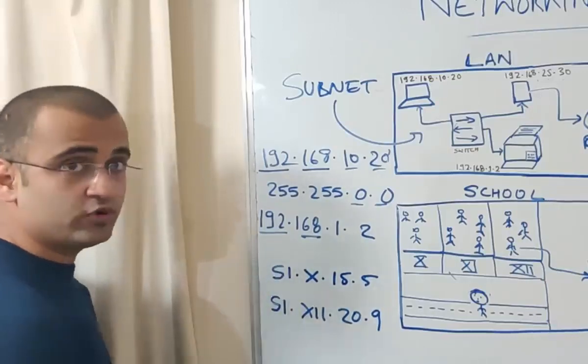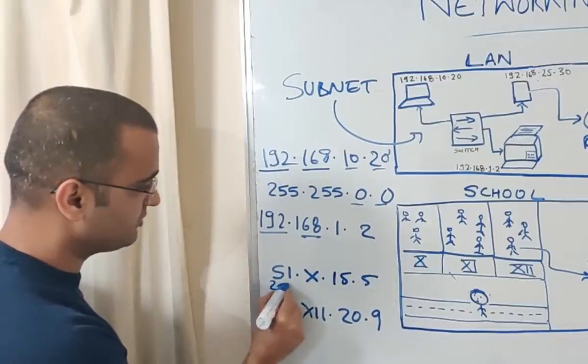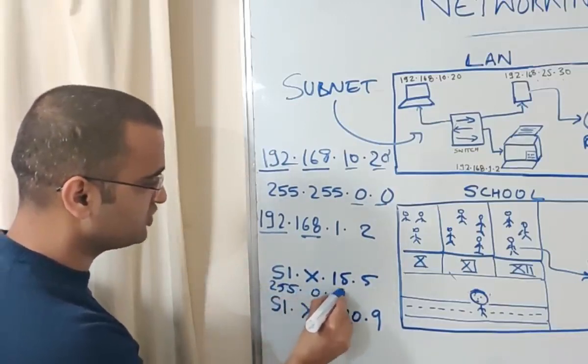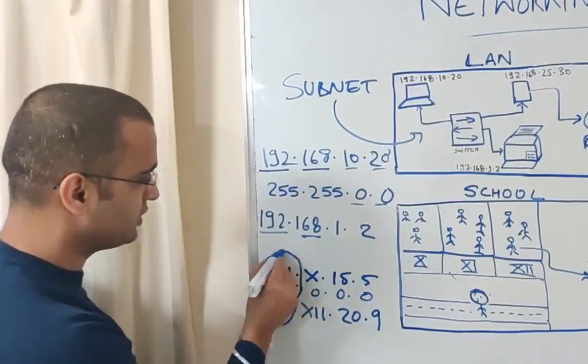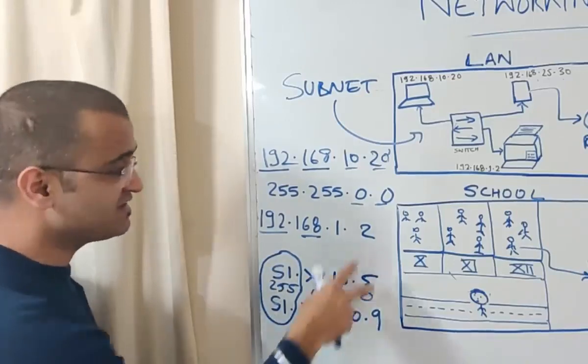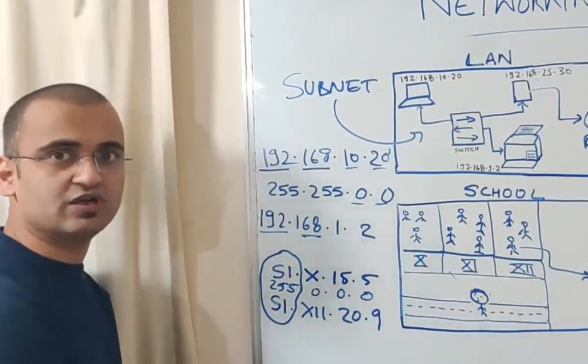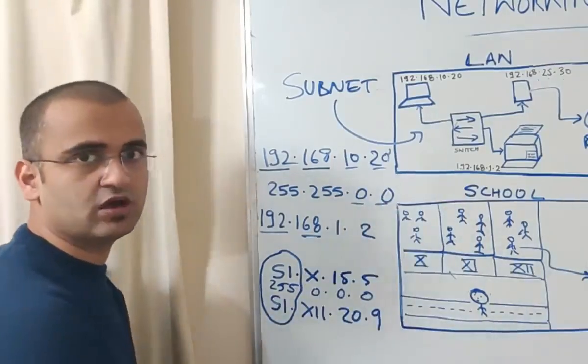So what would be the subnet range for this? You can identify. This would be 255.0.0.0 because we are only comparing this first part. If it matches with S1, that means these two students are from the same school and they can talk within this school network.